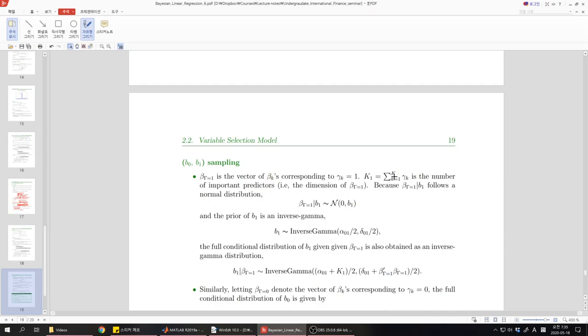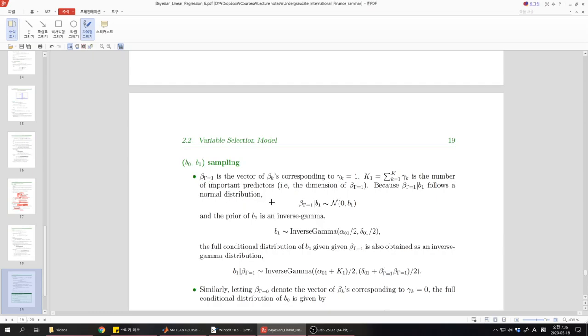We have capital K beta parameters because we have capital K regressors. And among them, we are going to just take the beta coefficients with gamma equals 1.